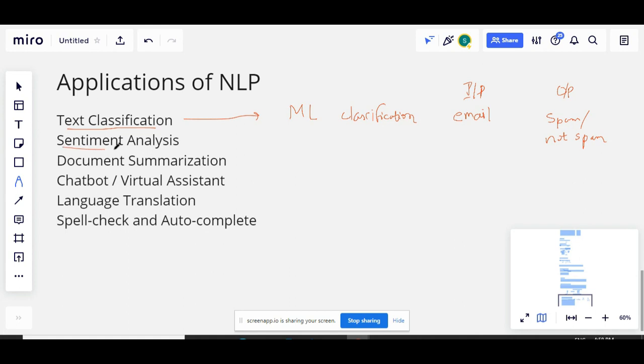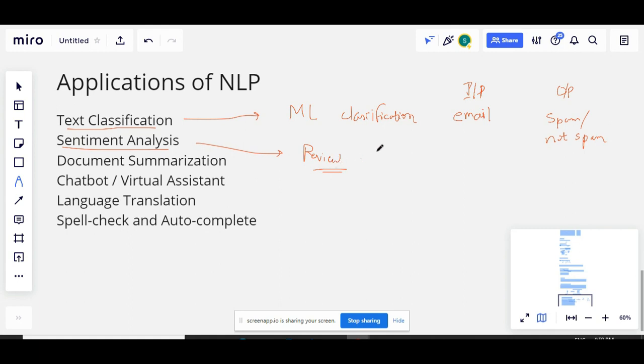Next is sentiment analysis, which is a special case of text classification. The only difference is that here the input we receive is a review. Obviously, the review is in text format, and we have to predict whether this review is positive, saying good about the product, or negative.